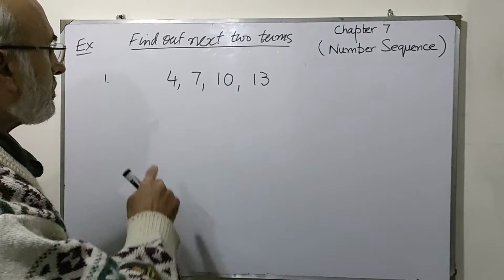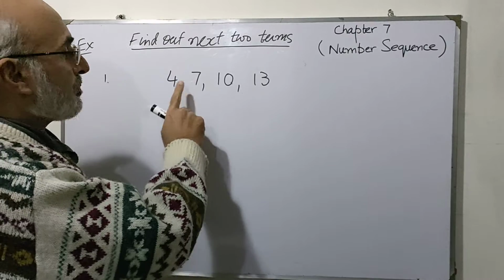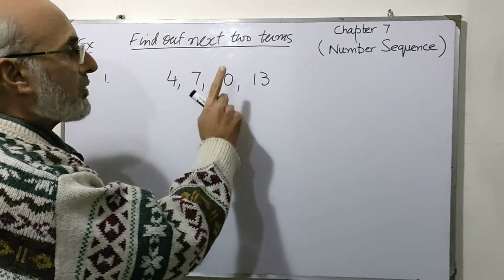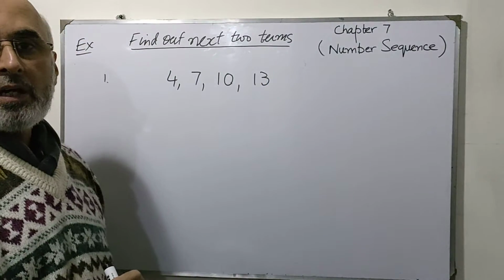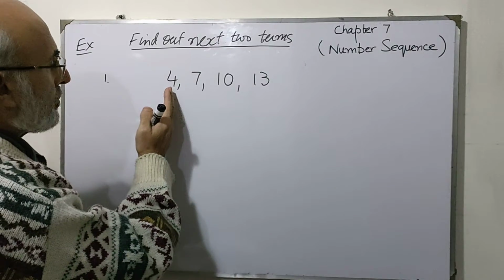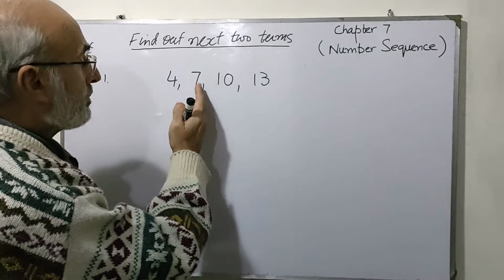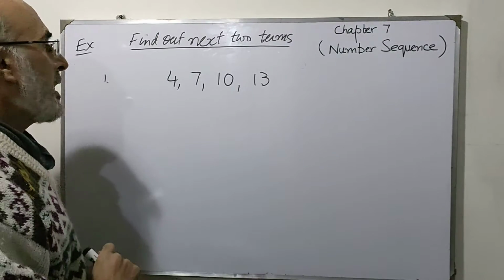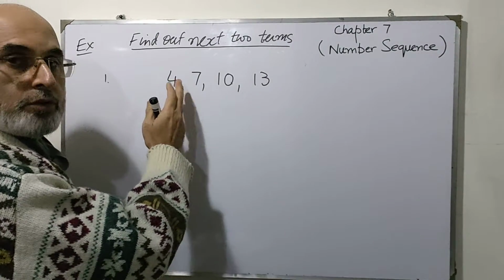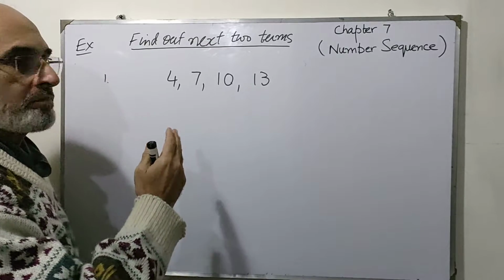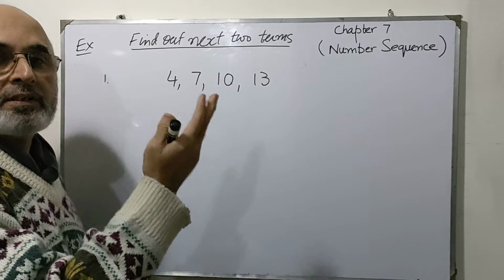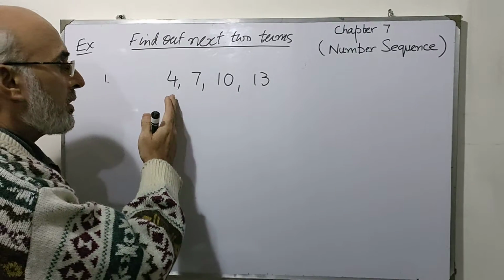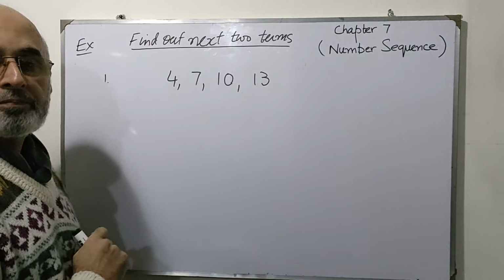sequence. This is term number 1, term number 2, term number 3, term number 4. Now, when we are moving from term 1 to term 2, what is happening? The number is increasing from 4 to 7.